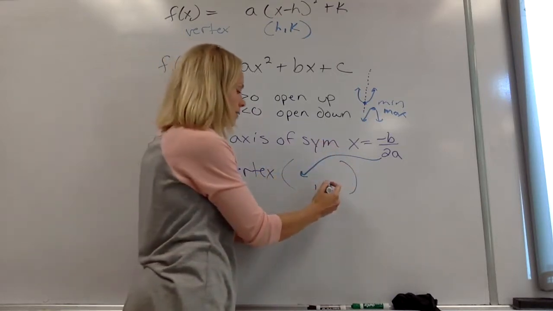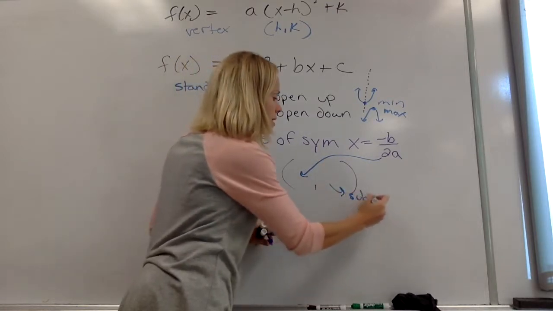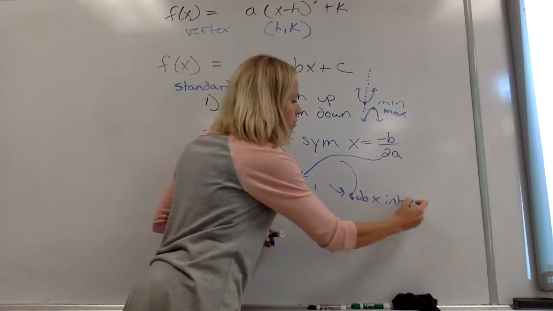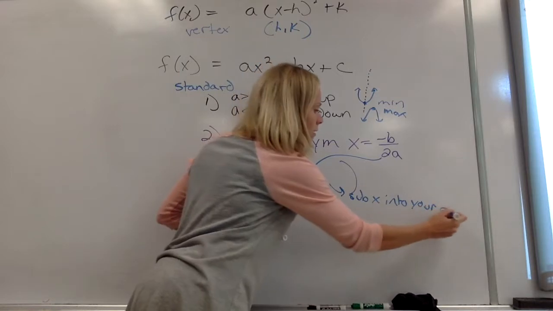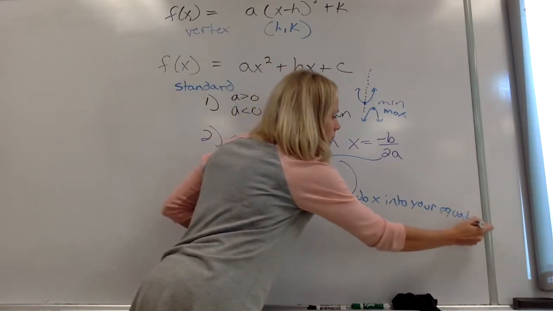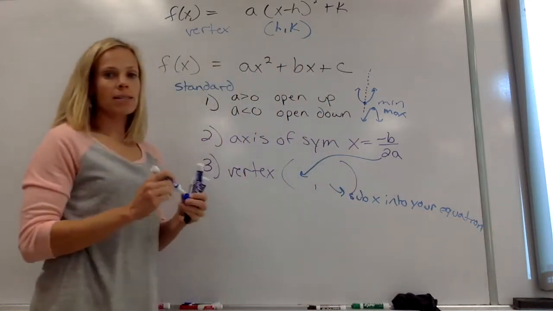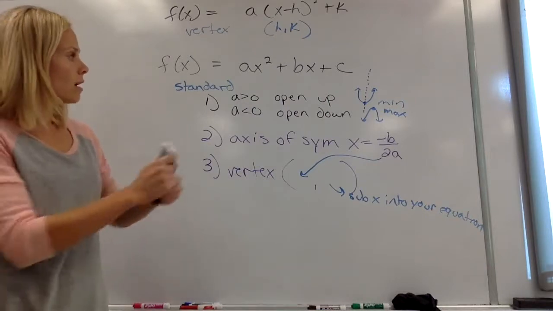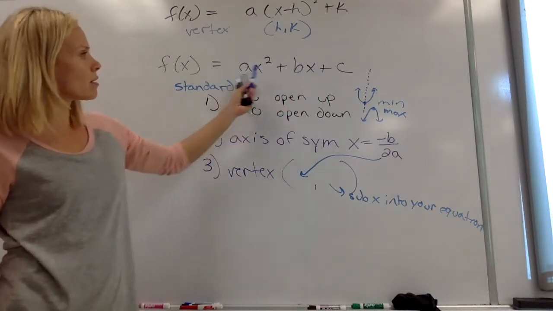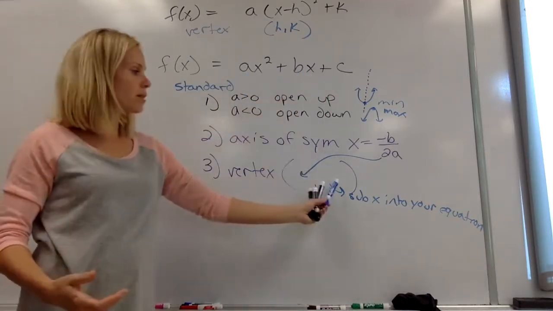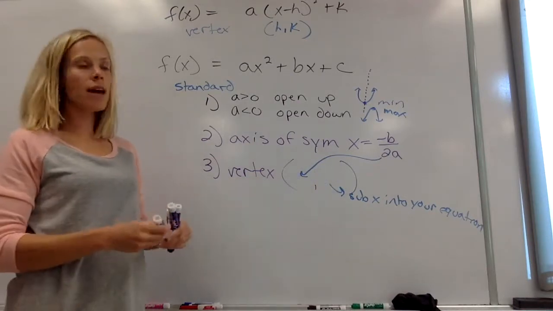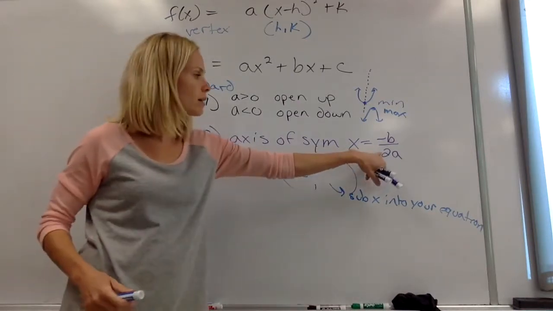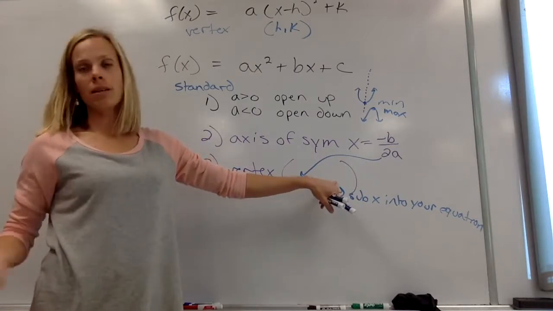You sub it in, very good. You sub x into your equation, whatever your equation was up here, and your answer, that output, would then be your y value. So you get the x of your vertex from here, the y from subbing it in and solving.